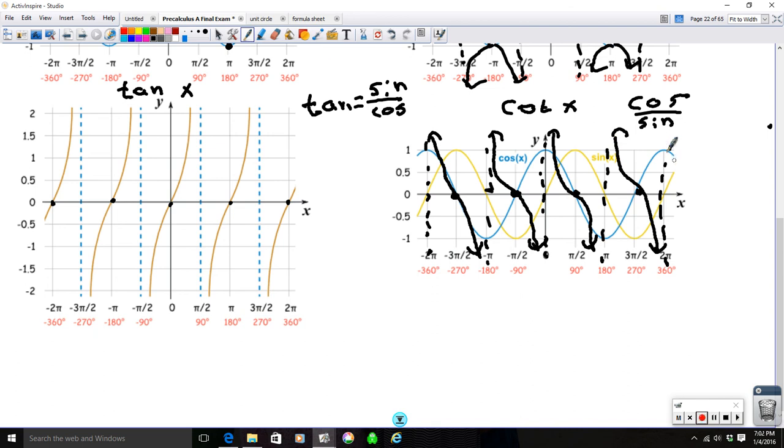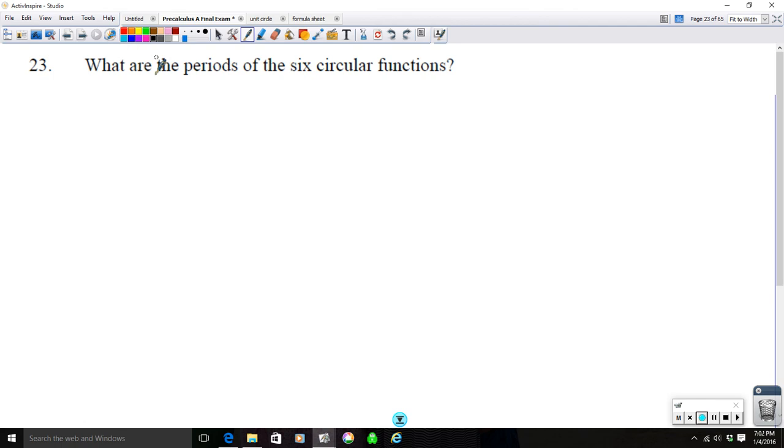All right, the periods of the 6 circular functions. The period of sine is 2 pi, because it takes 2 pi to do a full revolution. Cosine, again, a full revolution is 2 pi.